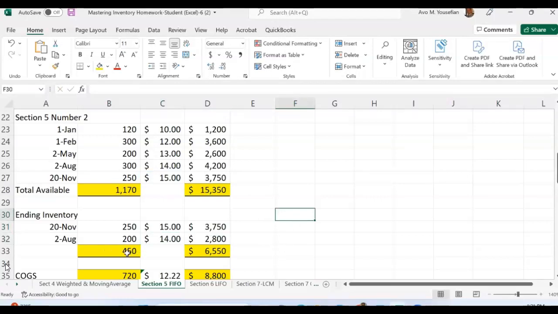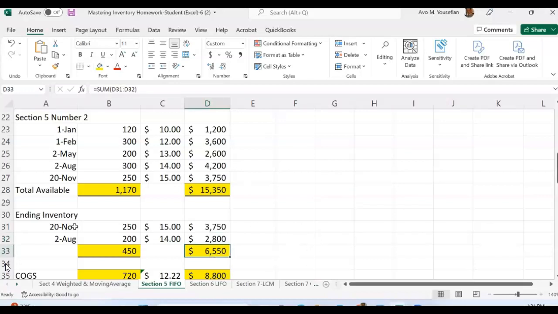So at the end, I have 450. And my cost is $37.50 plus 2,800, and that is $6,550.